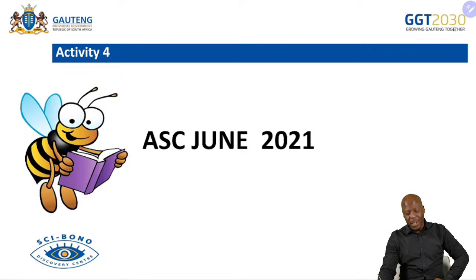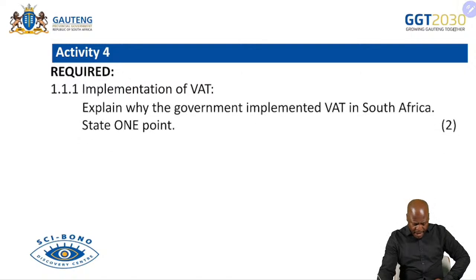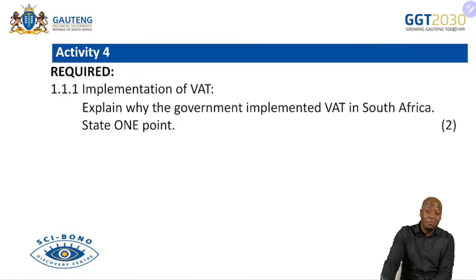It is the June 2021 paper. It is talking about the implementation of VAT. Explain why the government implemented VAT in South Africa. State 1 point. Very good question. Why did the government implement VAT as a form of tax in South Africa? You need to state 1 point.